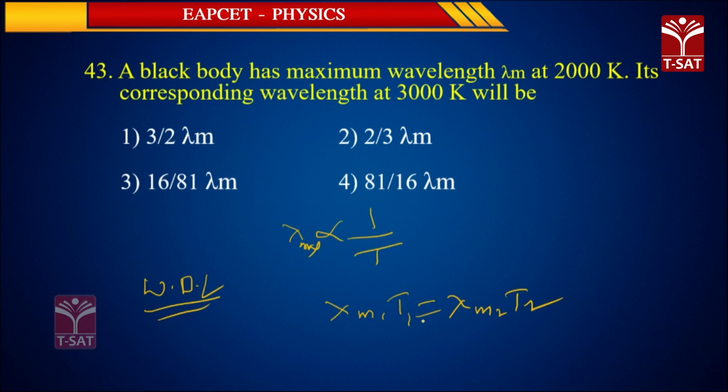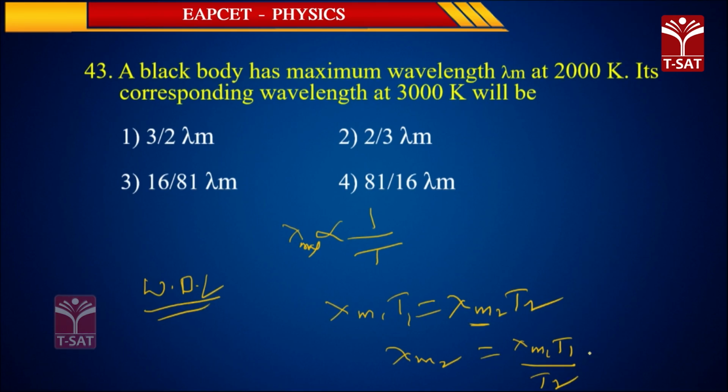With this formula, children, you find out lambda m2. We want to find the lambda m2 value. That is lambda m1 T1 by T2. You substitute the values.